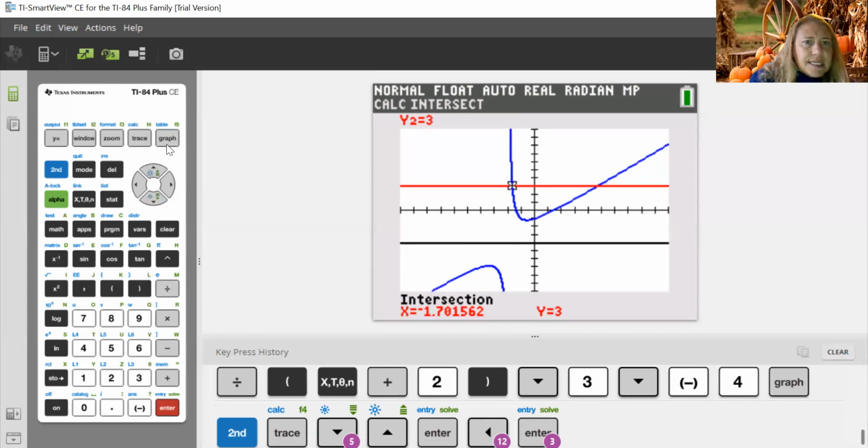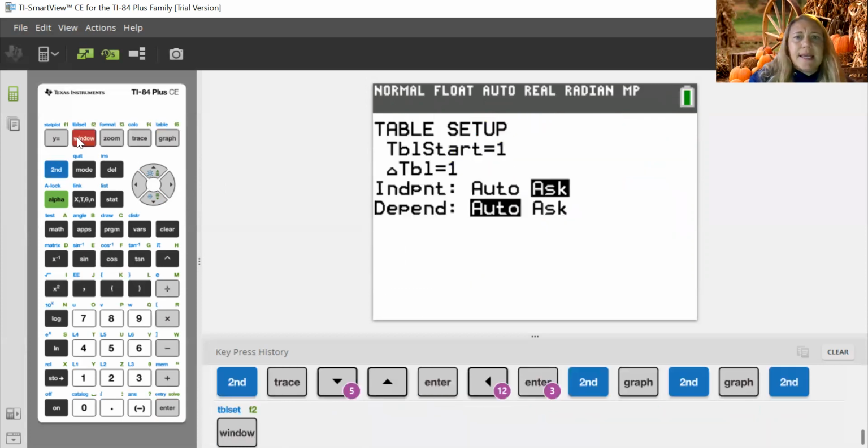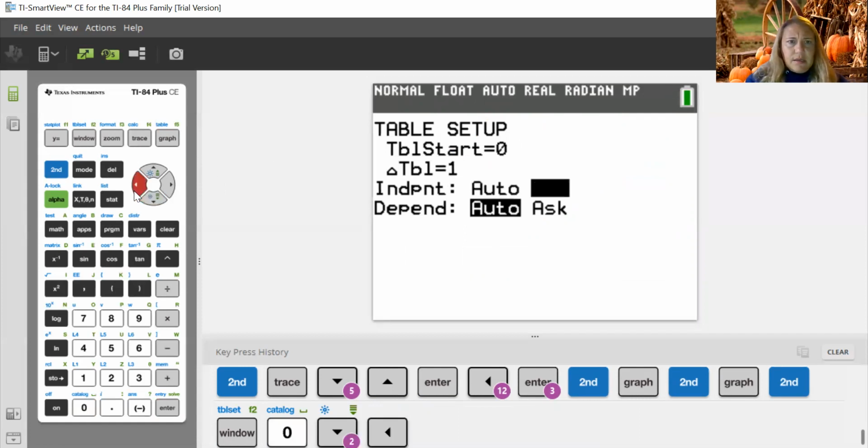And so the nice thing that you can do is since I put in that function, you can go to table. And, oh, so I've got a weird table set going on here, don't I? I think it might still be set from that bowling example. So go to second table set and I'll just start at 0. Right, and I'm going to go to auto.